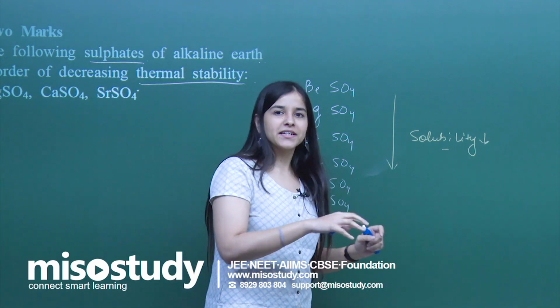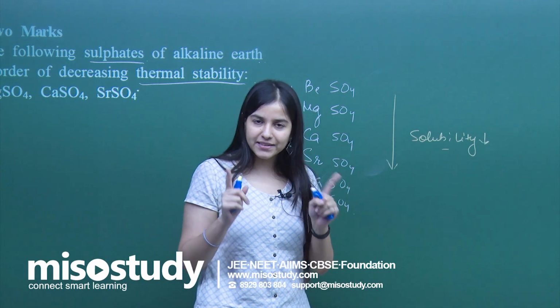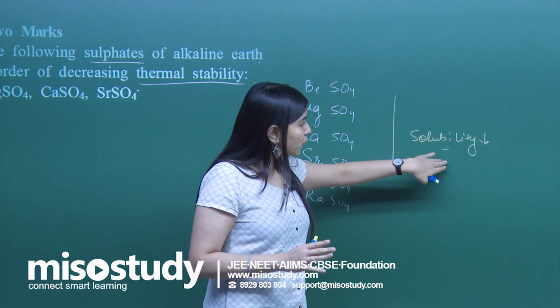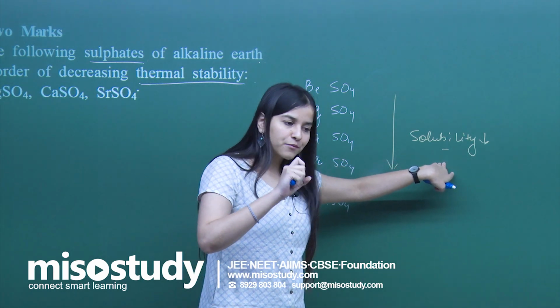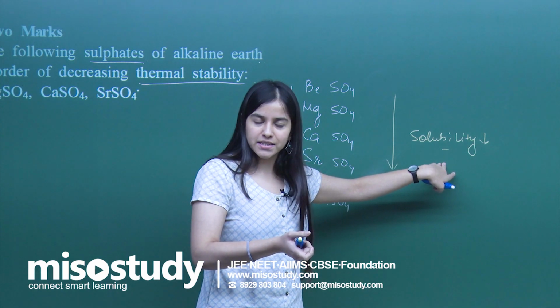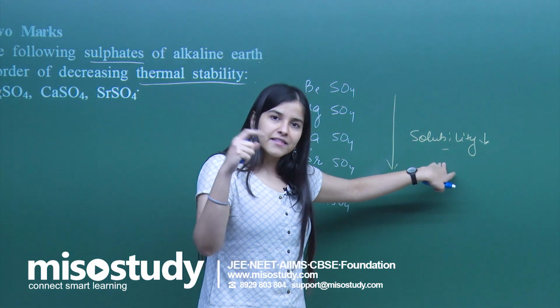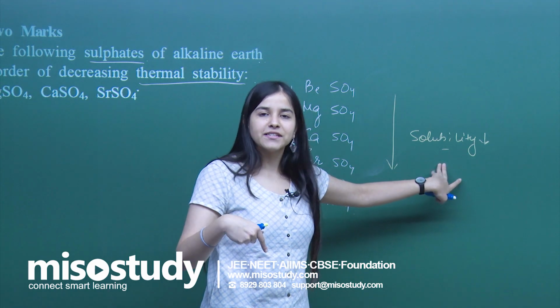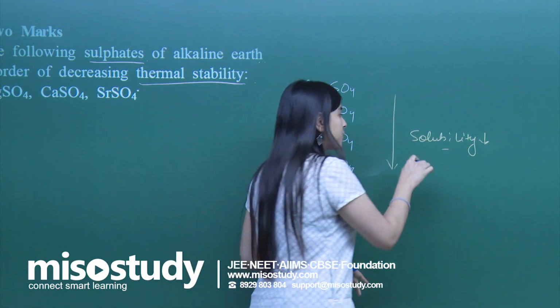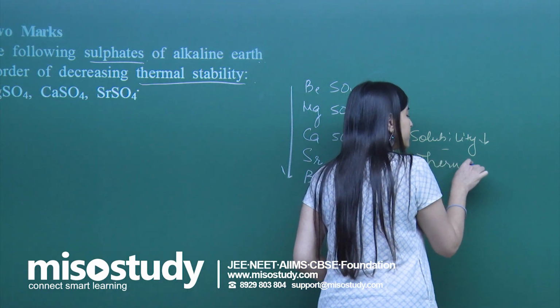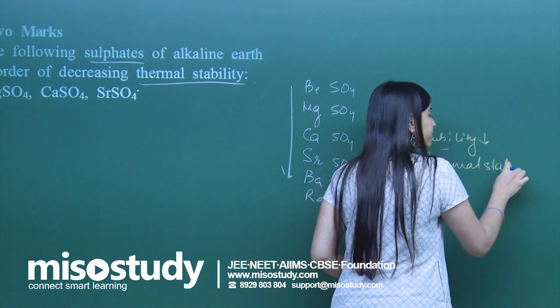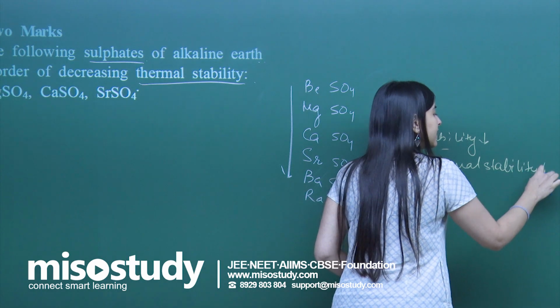You can remember it this way: if the solubility is decreasing, that means it is not getting dissolved in water, thereby it will be a stable solid compound, and that is why these are thermally stable as we go down the group. So thermal stability increases down the group.